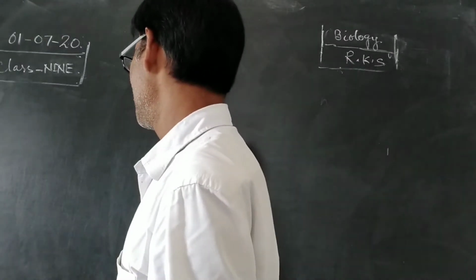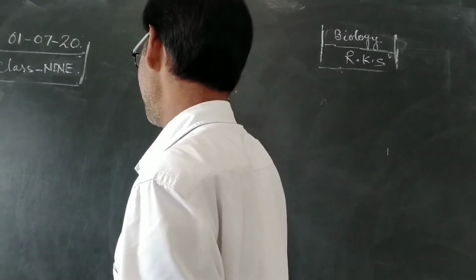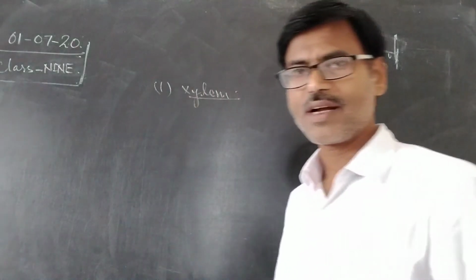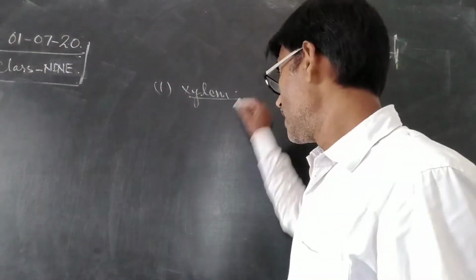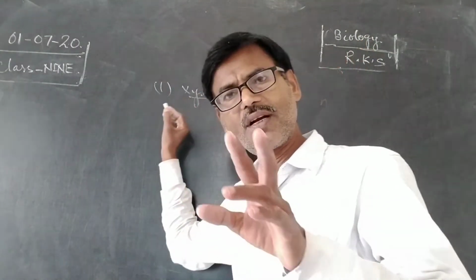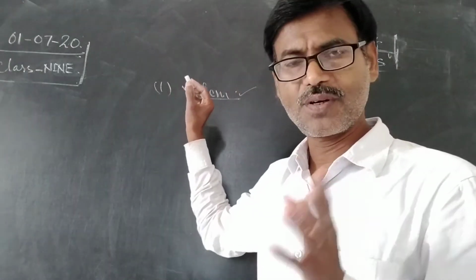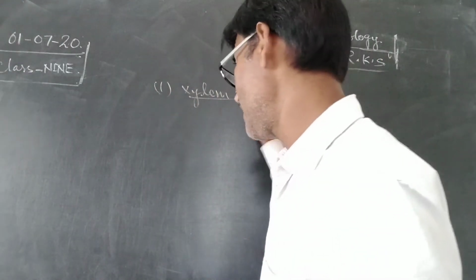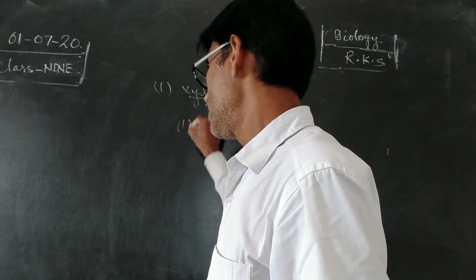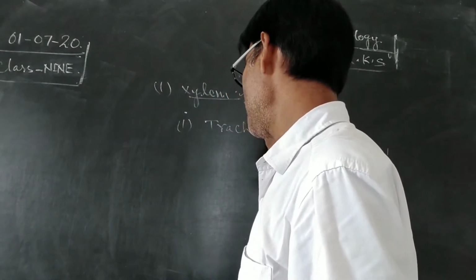Xylem. At first we will discuss xylem. It's a complex permanent tissue made by four cellular elements. What are the cellular components of xylem? Number one, tracheids.